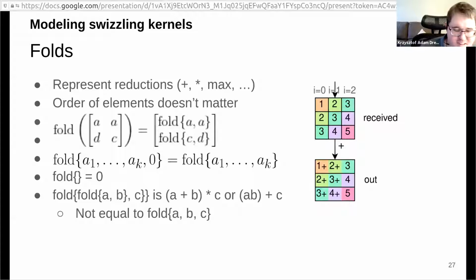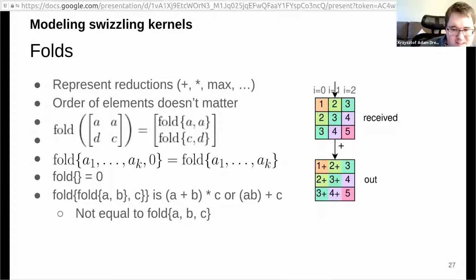And the order of elements you pass in doesn't matter, because what fold does is it takes the last dimension of its input and packs it into these multisets, as shown here by the formula for fold. Fold also ignores zeros, so we have an identity element, which also allows us to implement things like conditional accumulation: add something to the output if it's a certain loop iteration. And of course, empty fold is 0.